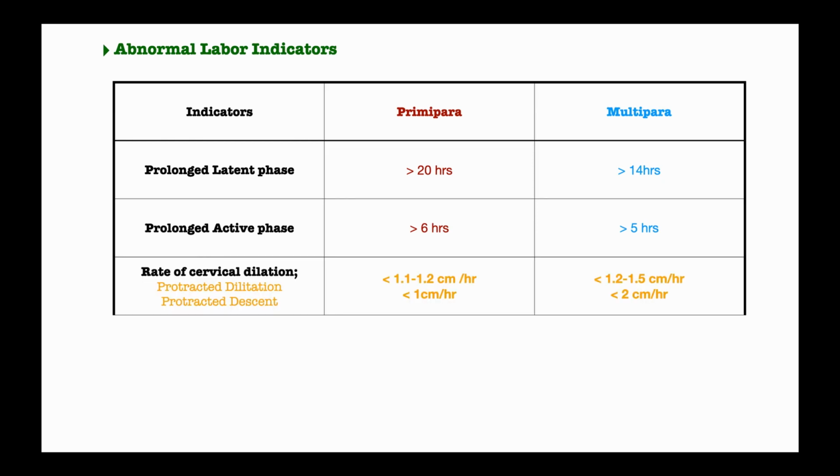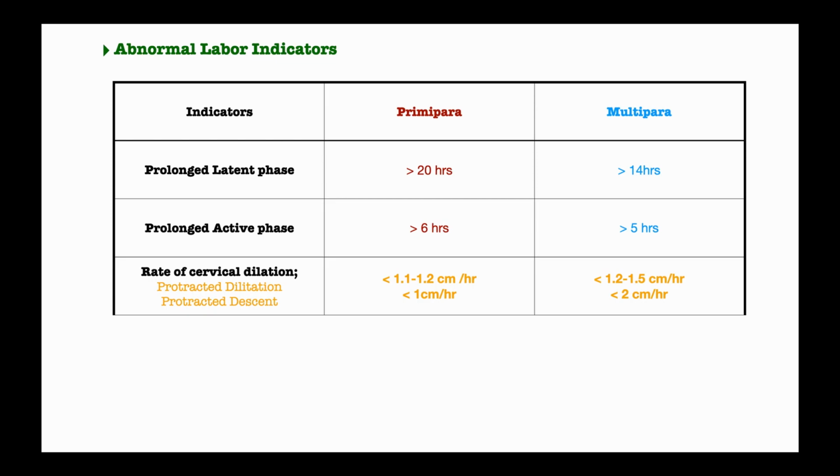Now, the rate of cervical dilatation in the active phase must be calculated. It is important because it will help us to determine if labor is prolonging or not. For instance, if the woman presents with 5 centimeters dilatation and after 2 hours you check and she is 6 centimeters dilated, it means that cervical dilatation increased by only 1 centimeter.